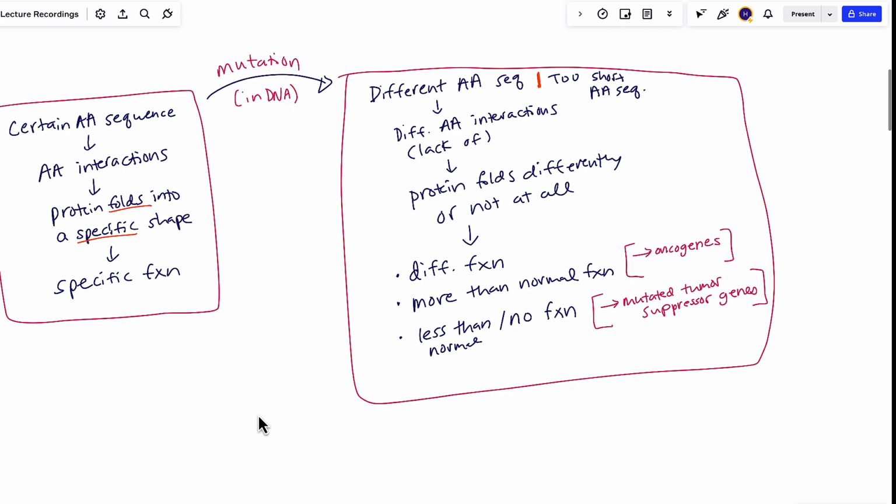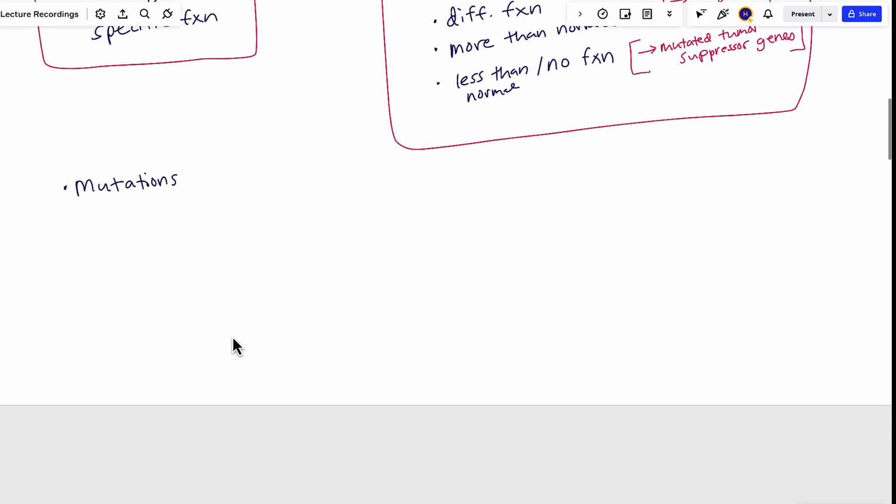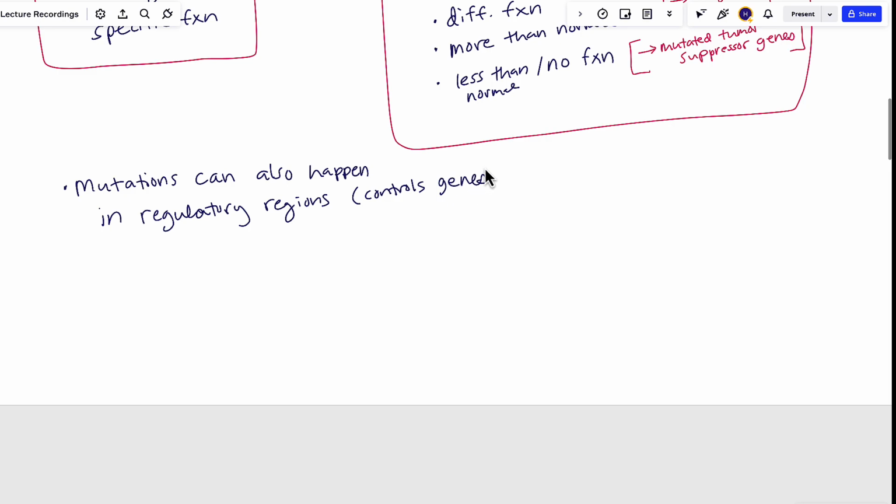I'll also mention one more thing. Mutations don't have to happen in the protein coding region of a gene. They can also happen in what we're going to call regulatory regions. Those are regions that control genes, like turn them on and off, or how much the gene is on or off.